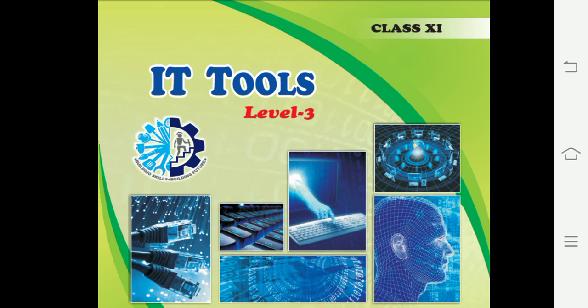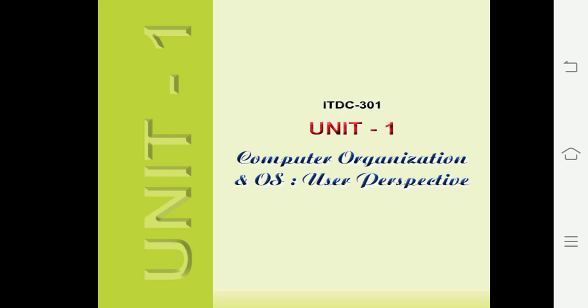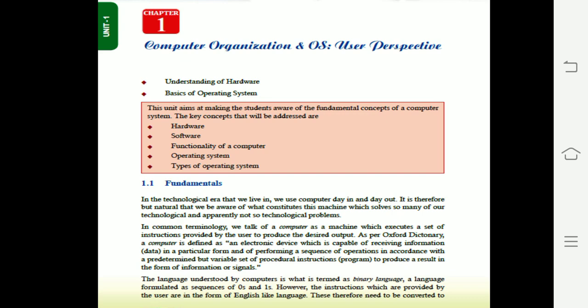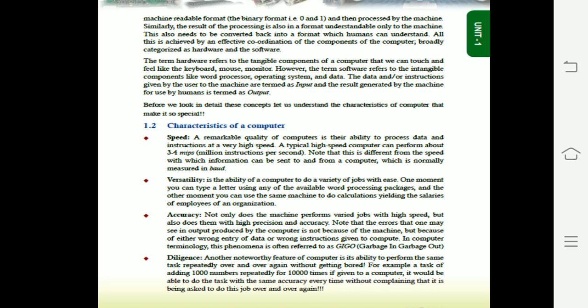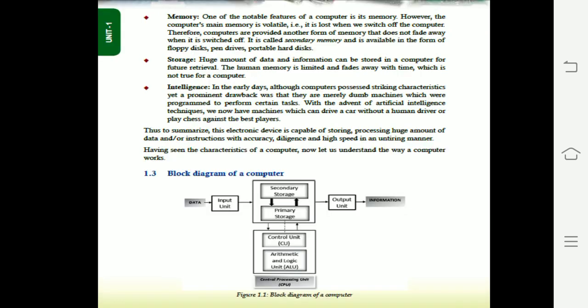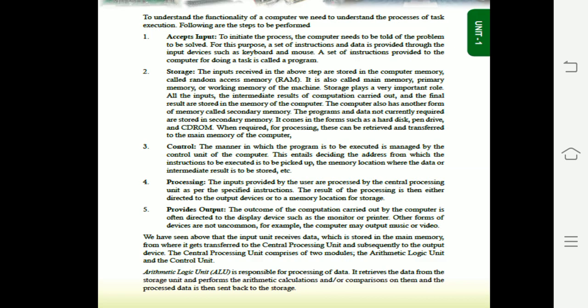Today, we will discuss unit number 1, that is computer organization and operating system user perspective. In the previous class, we discussed hardware, software, and functionality of the computer, how it works, the characteristics of computers, then the block diagram, then different units and their roles.